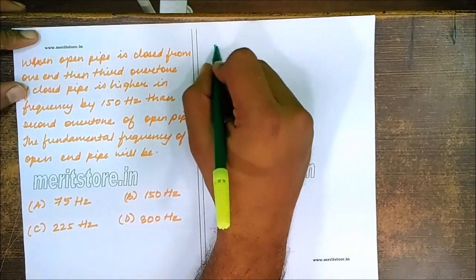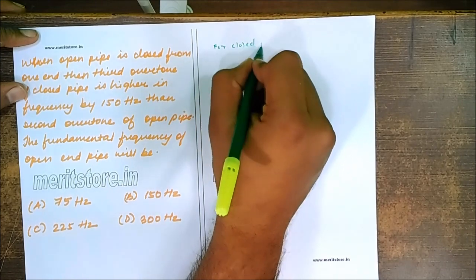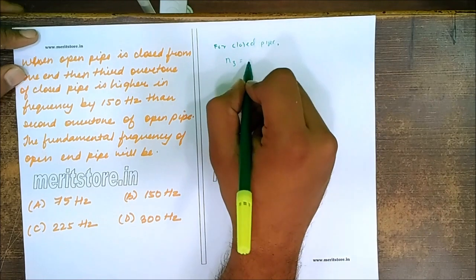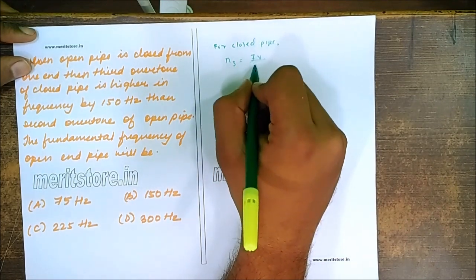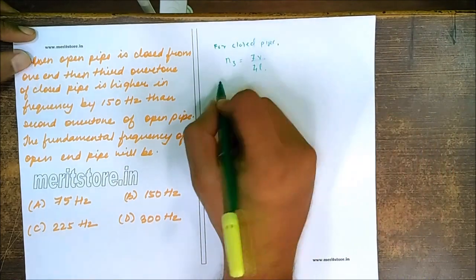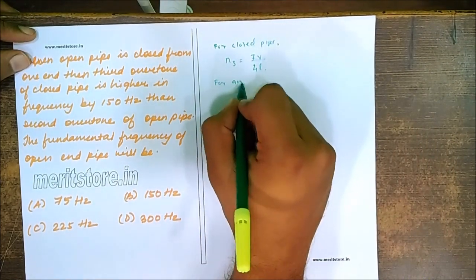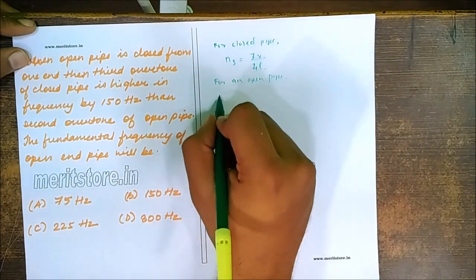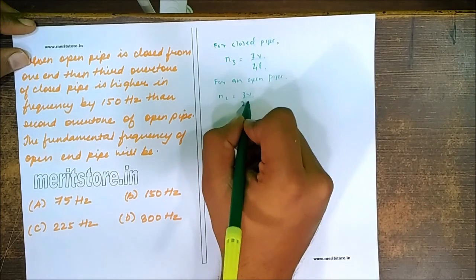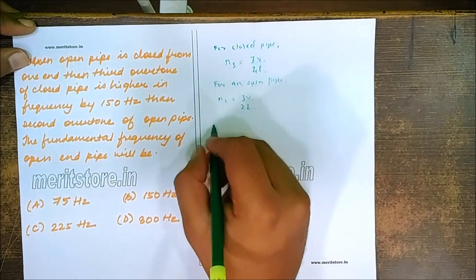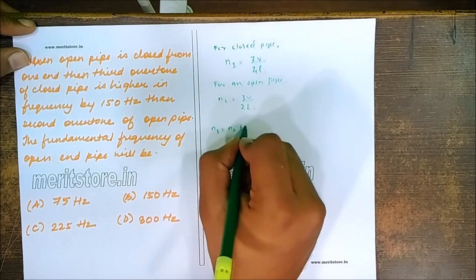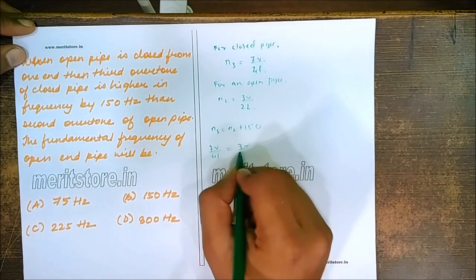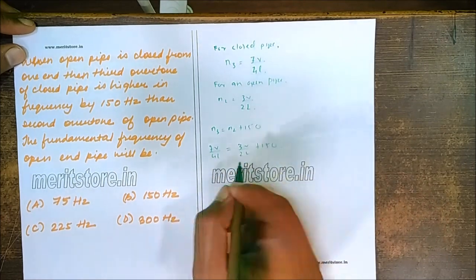First of all, for a closed pipe, n3, that is the third overtone, is given as 7v upon 4L, and for an open pipe, the second overtone will be given as 3v upon 2L. So according to the condition, n3 is equal to n2 plus 150. That means 7v upon 4L is equal to 3v upon 2L plus 150.